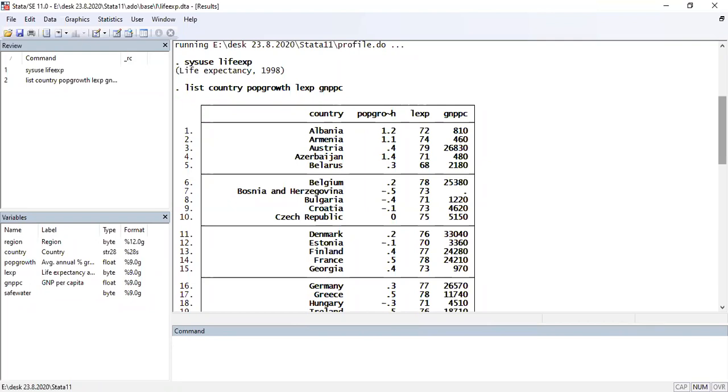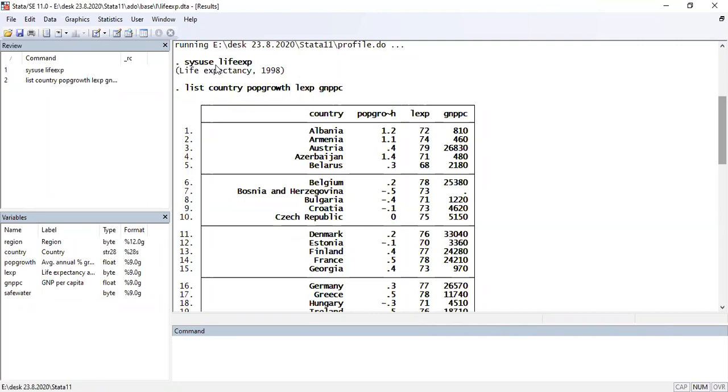Professor, when I give the command sysuse lifeexp, it says unrecognized command. No, then you wrote something wrong. This is a very widely used command.